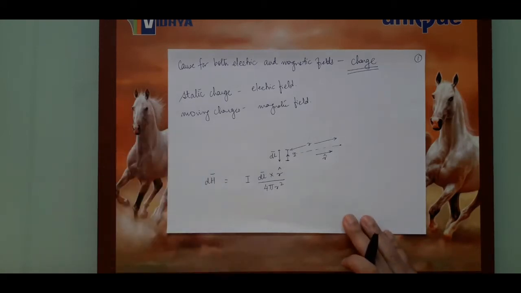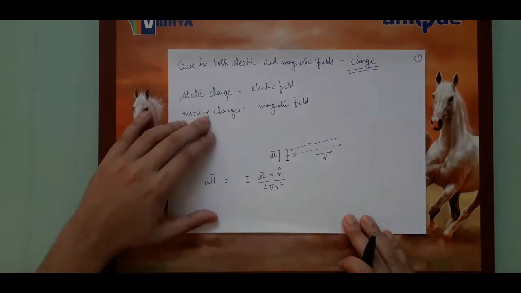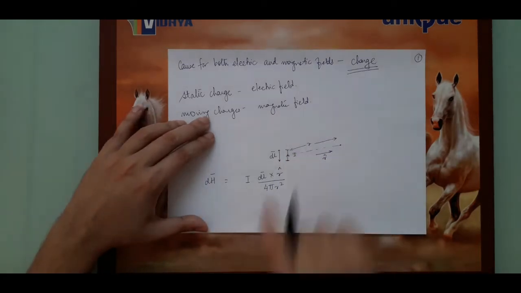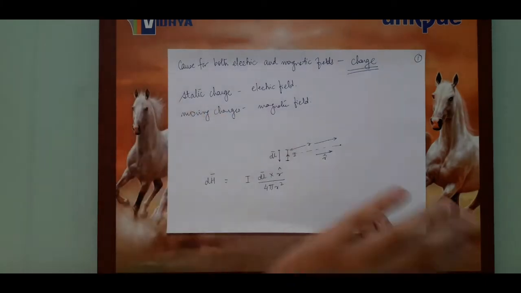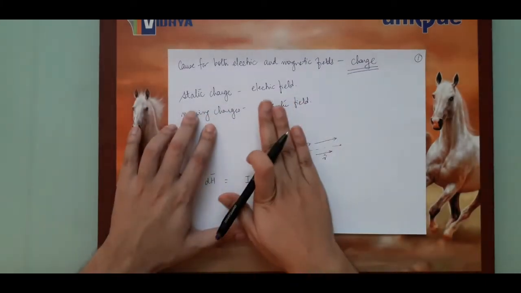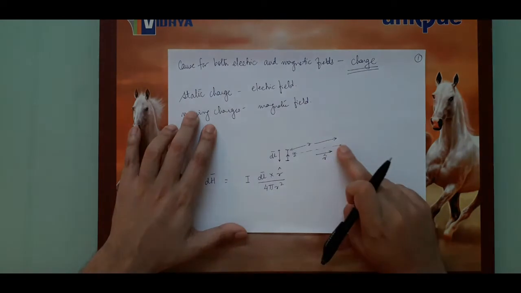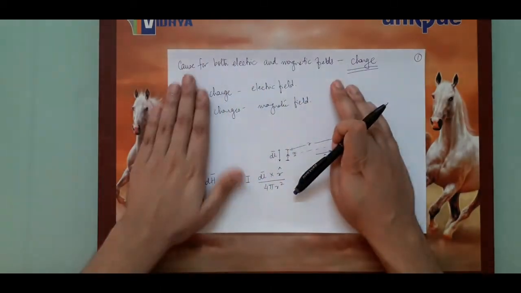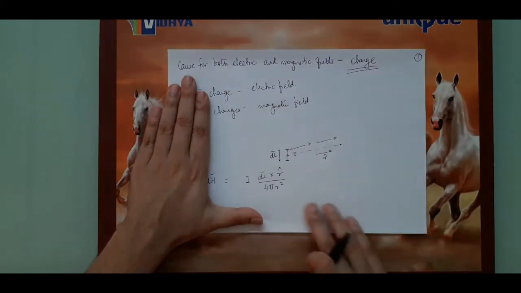Let us now try to see what is the direction of dH. The length vector is oriented upwards. Without losing generality, assume that this current element and the point at which we are trying to measure the magnetic field both lie on the plane of this piece of paper, the paper on which I am writing.